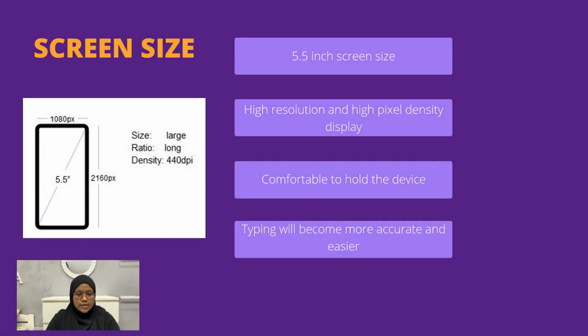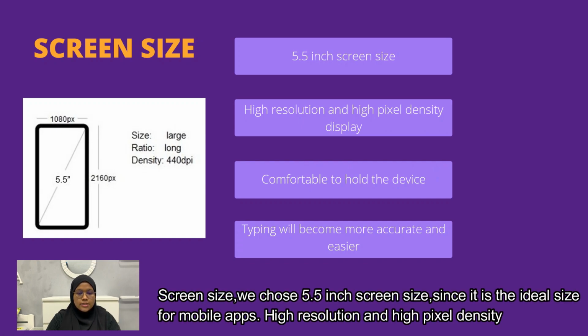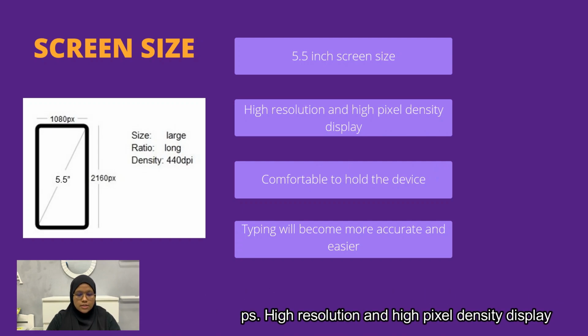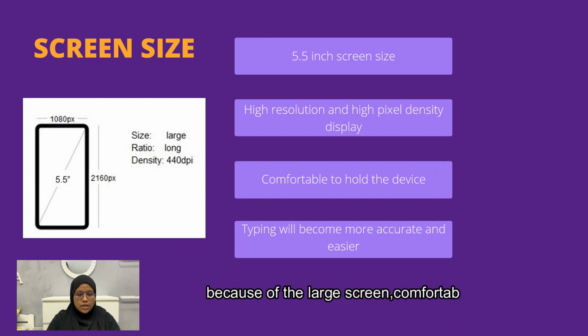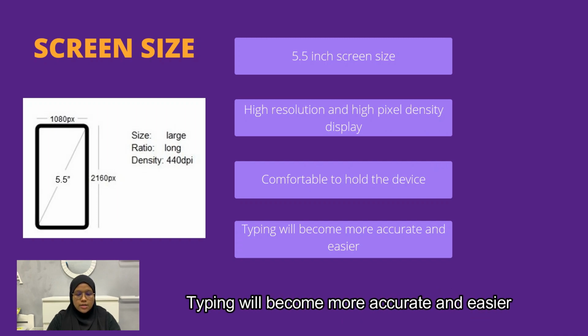For the screen size, we choose 5.5-inch screen size since it is the ideal size for mobile apps. High resolution and high pixel density display because of the large screen. Comfortable to hold the device even with the larger screen. Typing will become more accurate and easier.